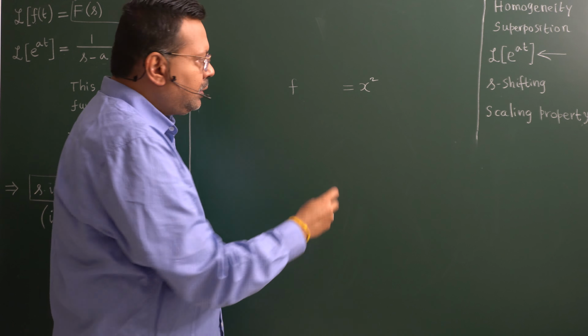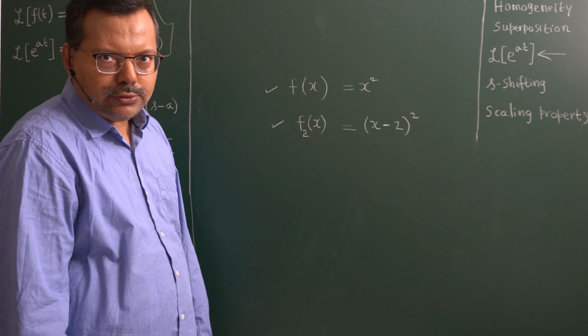This is another expression. Do you agree that this is also another function? I am not saying the same function. Let me make it clear that this is a different function compared to the earlier one. Do you agree that this is a function of x? X minus 2 whole square. Again, you agree that this is a function of x.